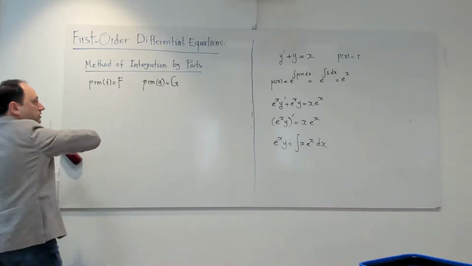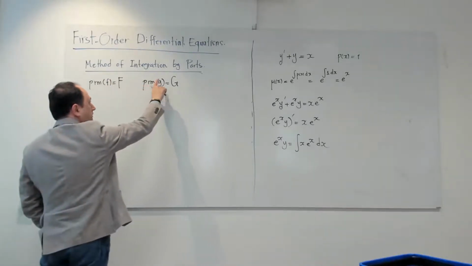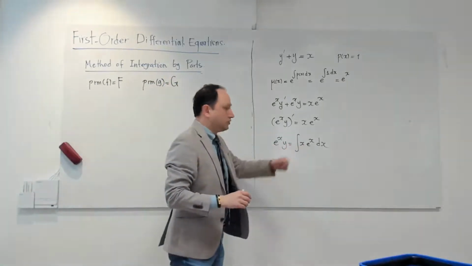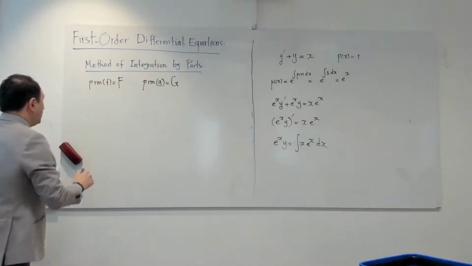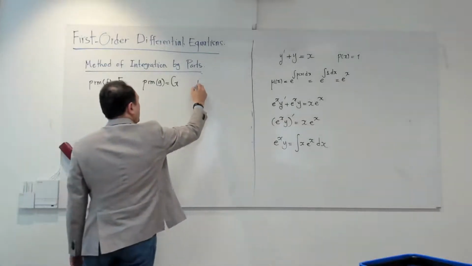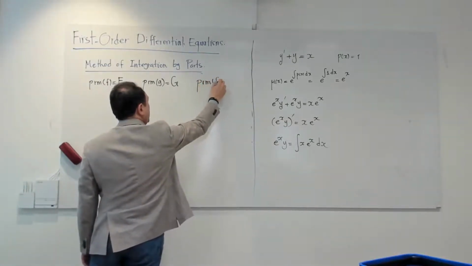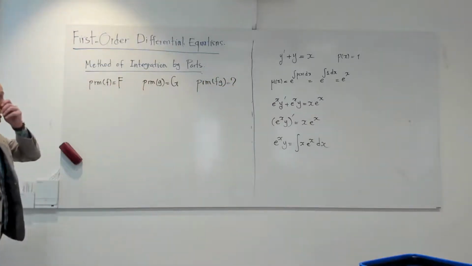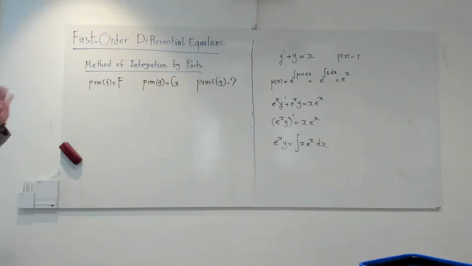Assume that you say yes. Do you know a primitive function for little g? Assume that you can say yes. For example, this is your f, this is your g. Okay, and then my goal is to find a primitive function for fg. Or I want to write something in front of that, okay? I want to find a relation for the primitive function of the product of these two functions.